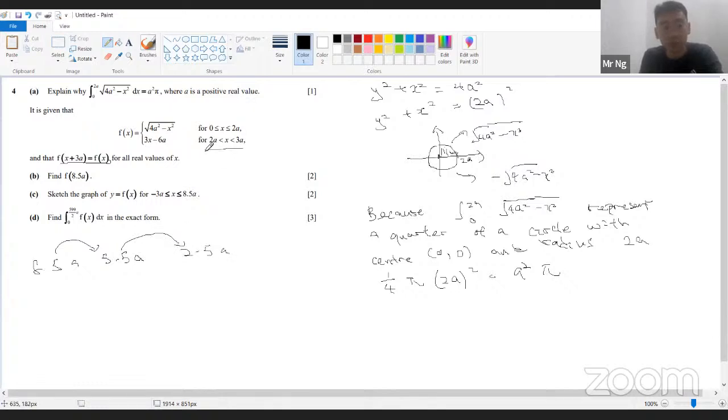So you need to substitute it inside here. So f(8.5a) equals f(2.5a) equals 3(2.5a) minus 6a. So 7.5a minus 6a is 1.5a. Done.